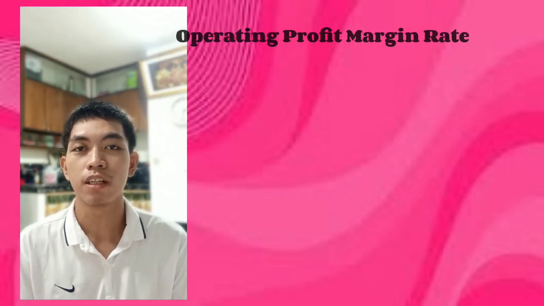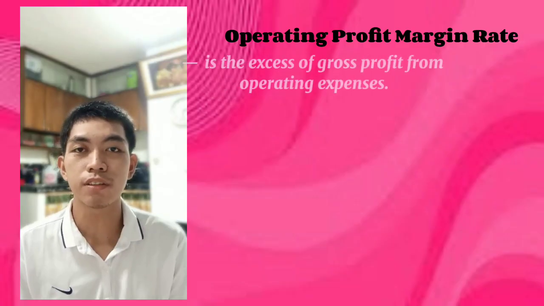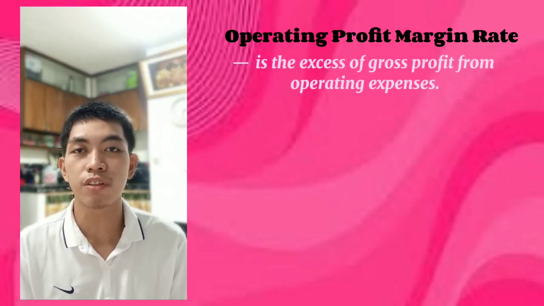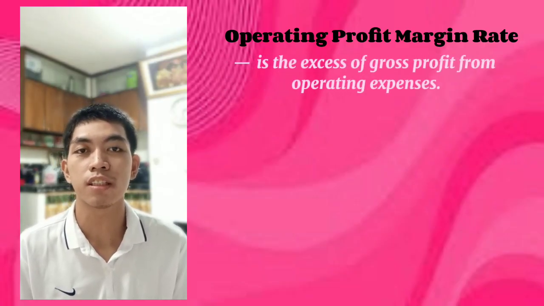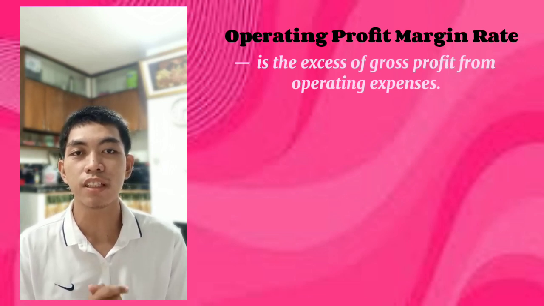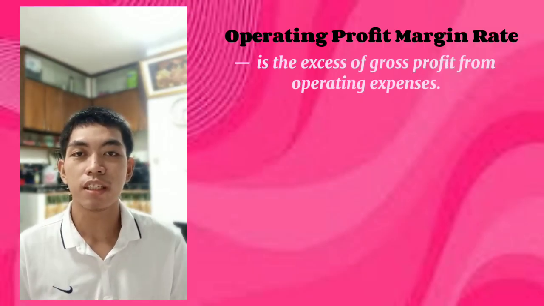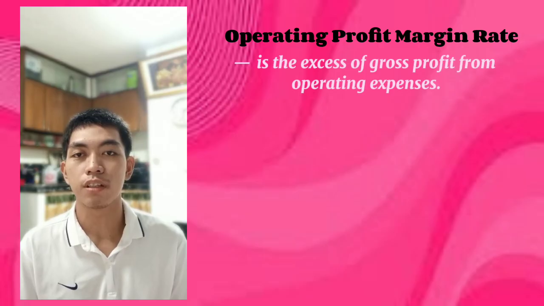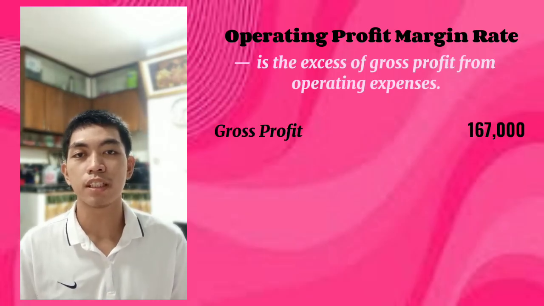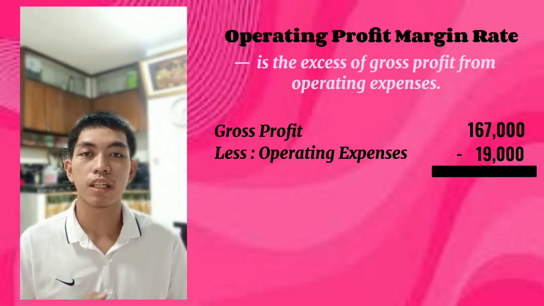I will give a simple explanation about the operating profit margin rate. It shows how much profit a business earns from its operations before interest and taxes. After deducting operating expenses, it tells how efficiently a company is managing its costs to generate profit from its sales. The example is shown. Gross profit is 157,000. Less operating expenses is 90,000.